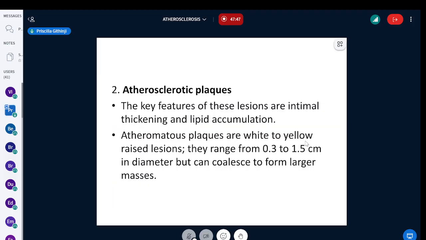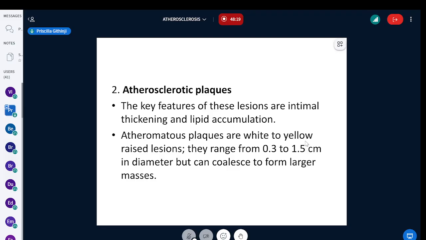Then the next thing is, from fatty streaks, you now form atherosclerotic plaques. The key features of these lesions are intimal thickening and lipid accumulation.